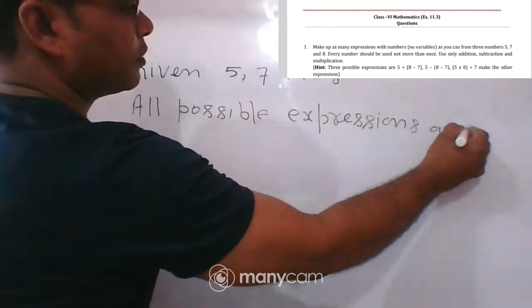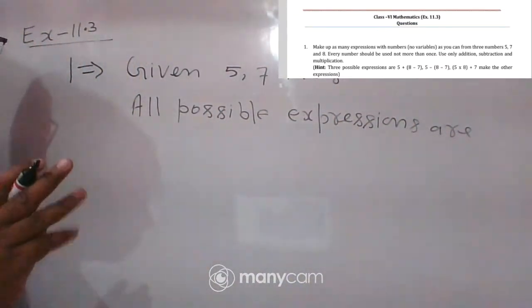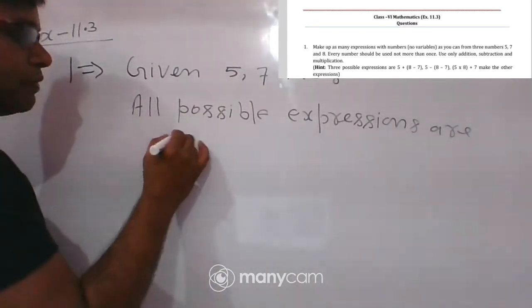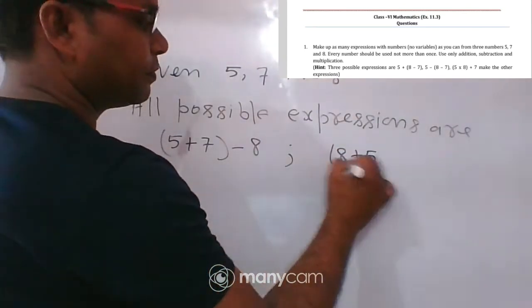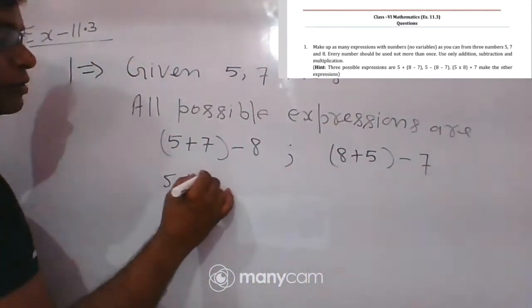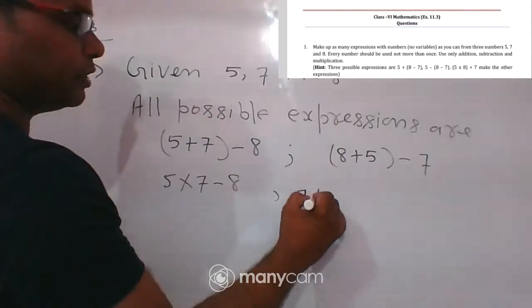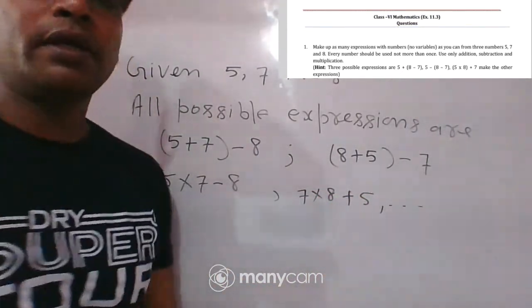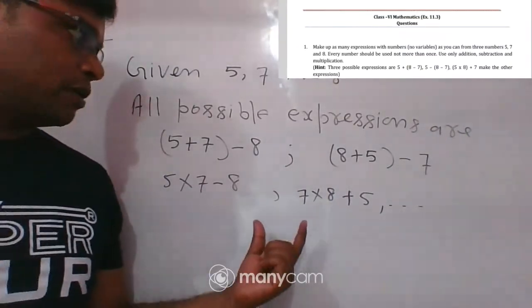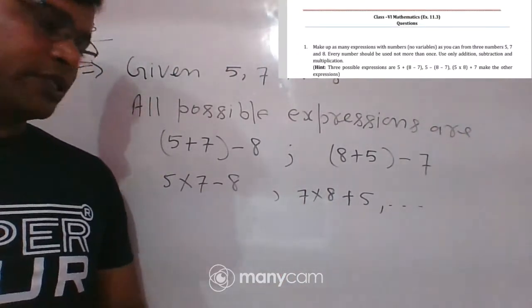You can also write 5 into 7 minus 8, or 7 into 8 plus 5, and so on. We can make many more possible expressions.